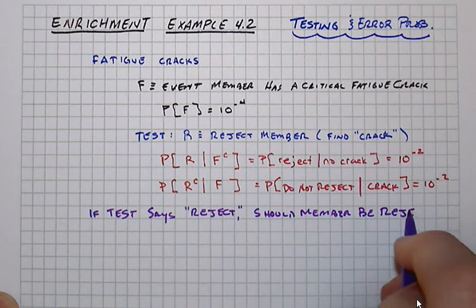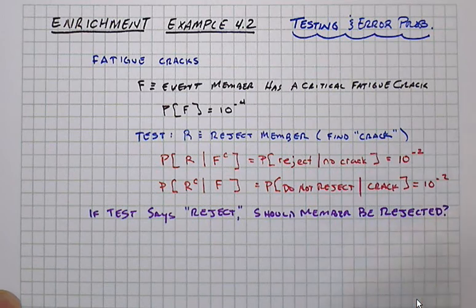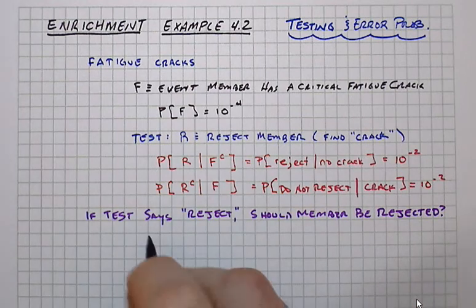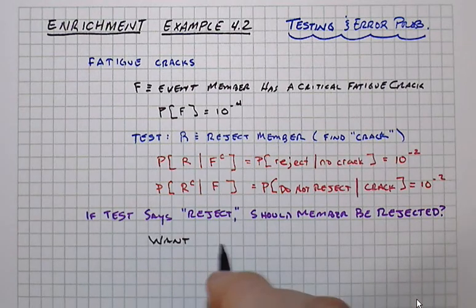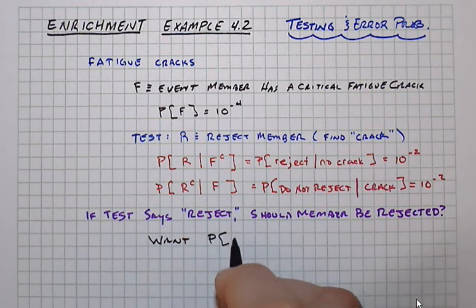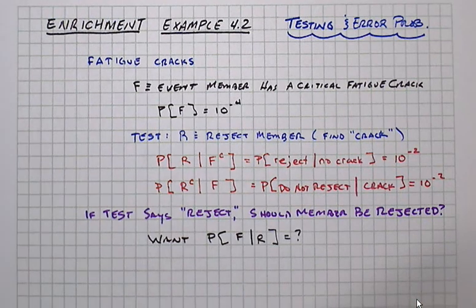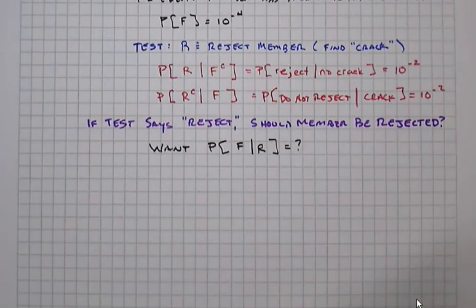Or should we trust the test results? Right? And in terms of our probability notation, what we're really after then is the probability that we do have a crack given that the test says reject. What kind of magnitude of numbers are we talking about there?